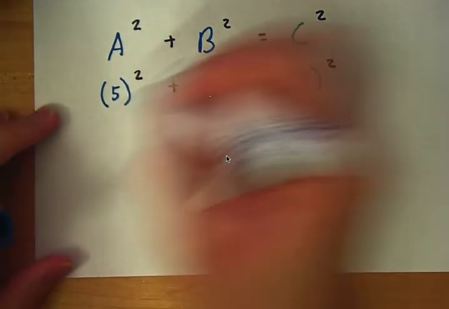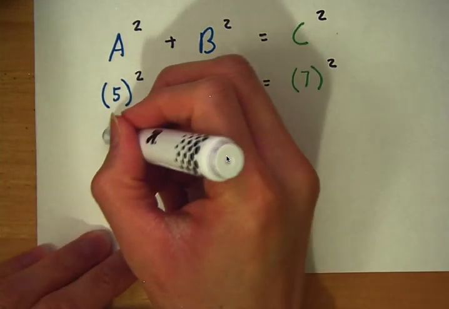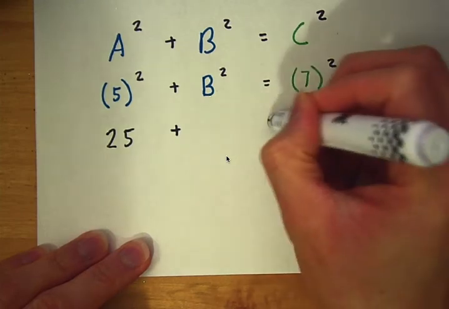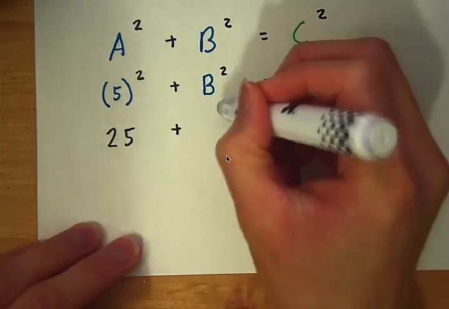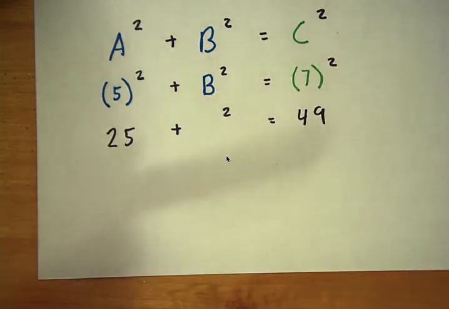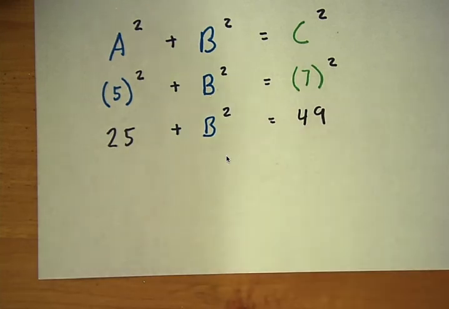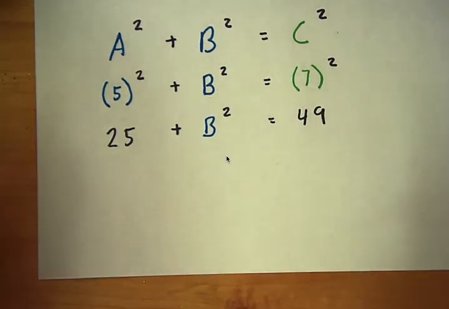You have 25. 7 squared is 49. I'm going to subtract 25 from both sides.